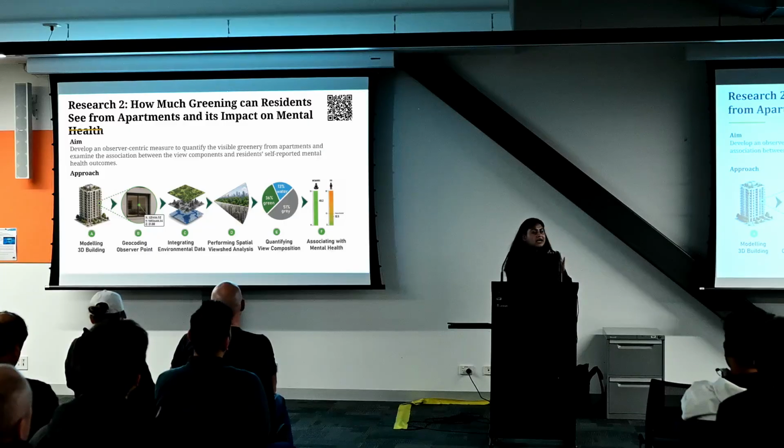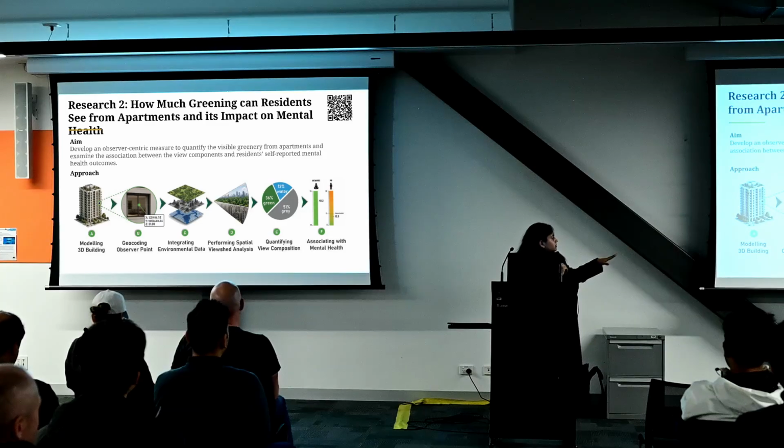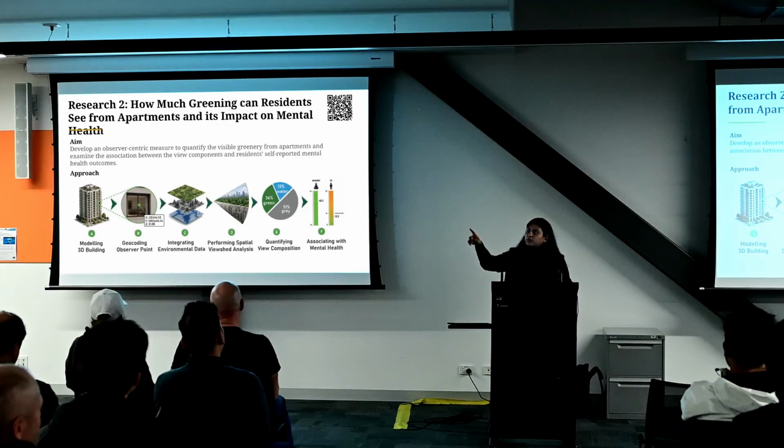The approach, I have kept it simplified because I want my method always to be scalable and cost effective. So what I built were simplified 3D models, not architectural, not from a design perspective, simplified models where I can point out the apartments. From there, I position, as you can see, it's written geocoding observer point, which means from every window of the apartment, I took a midpoint of the lookout.